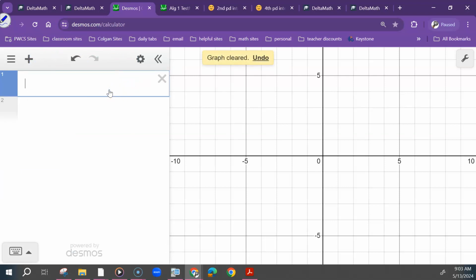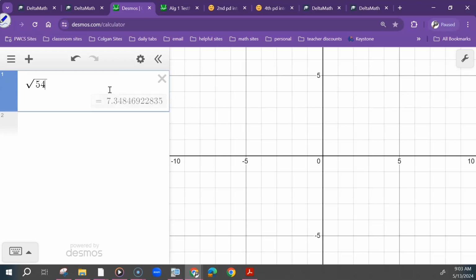So if I were to type in the square root of 54, make sure you come out of it, plus 2 times the square root of 24, I get some decimal. And then, so again, you could eliminate some of these if you know 78 could be broken down more. I don't remember if that is true or not.